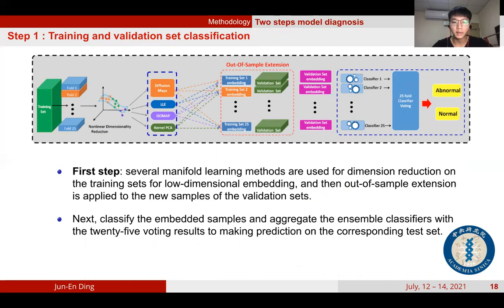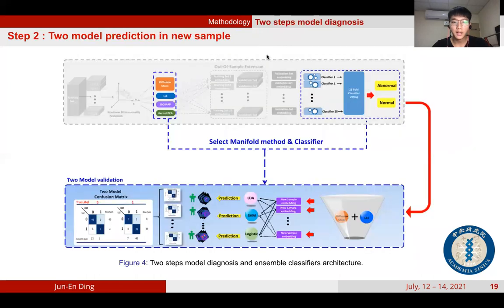Next, we classify the embedded samples and aggregate the classifiers with 25-vote voting results to make predictions on the corresponding testing set. In the second step, according to the results of the first step, we use the diffusion map and the classifier with the best performance to predict new testing samples.